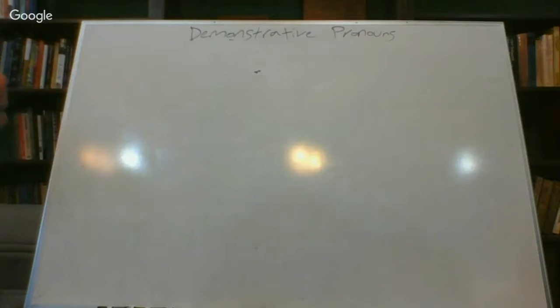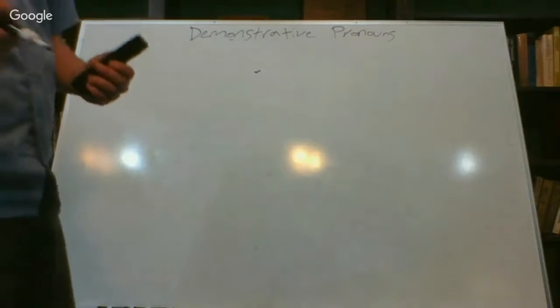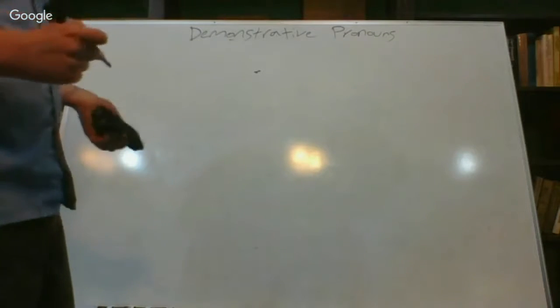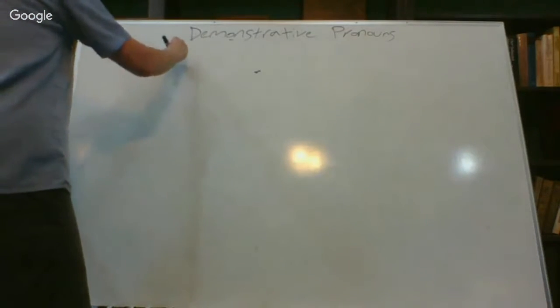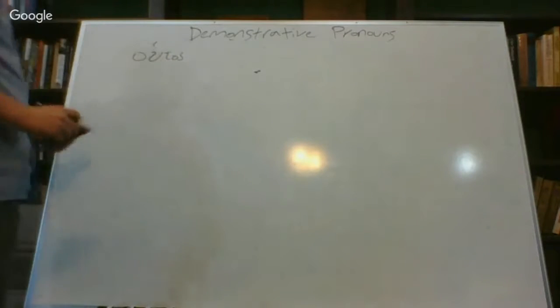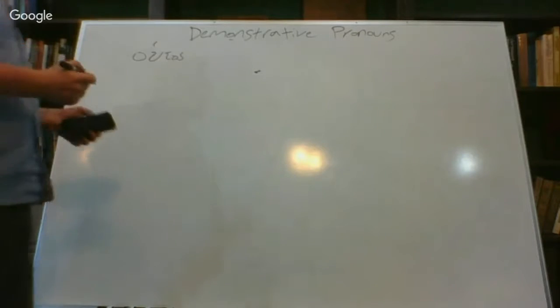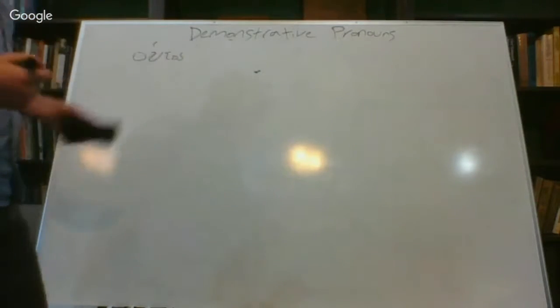Some things we want to look at. When houtos functions as a pronoun, it modifies no nouns. So houtos, this, functions as a pronoun. So kind of what we've seen with third-person pronouns, when they function as a pronoun, they function as a pronoun modifying something before.